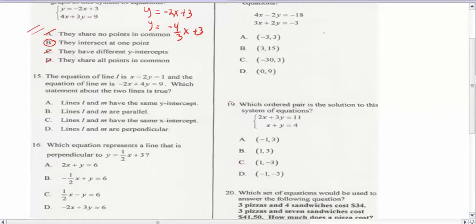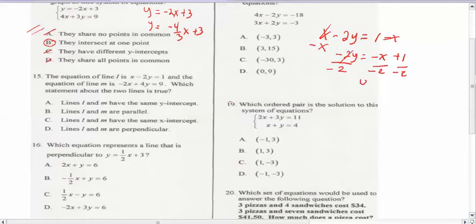So I've got this first one. I've got x minus 2y is equal to 1. I need to put it in slope-intercept form. So I have negative 2y is equal to negative x plus 1, divide by negative 2, divide by negative 2, divide by negative 2.